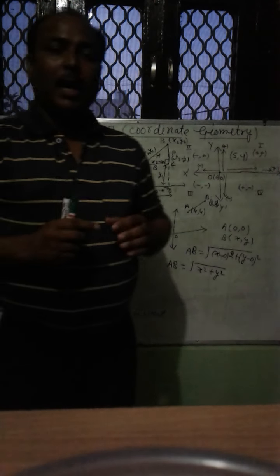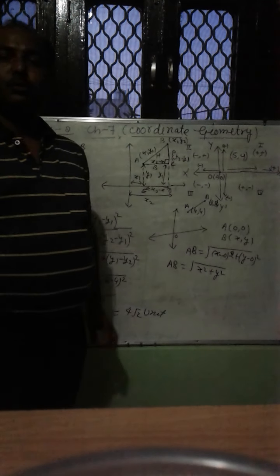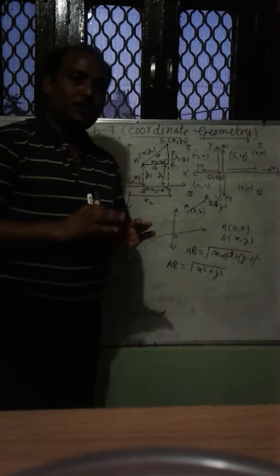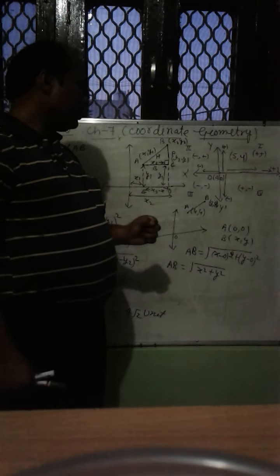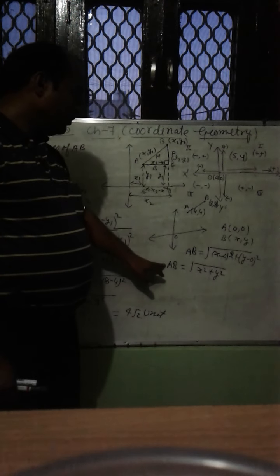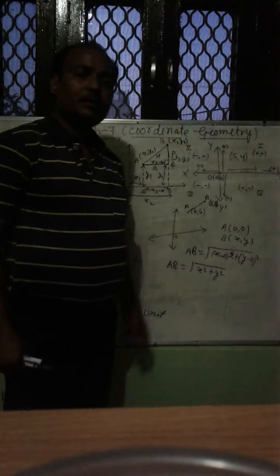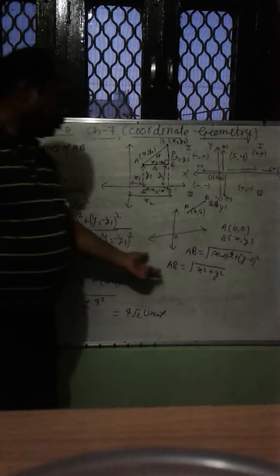If one point is given as the origin, so for the distance of a point from the origin, we use this formula directly. The distance of AB is root of x square plus y square. This is also a distance formula.